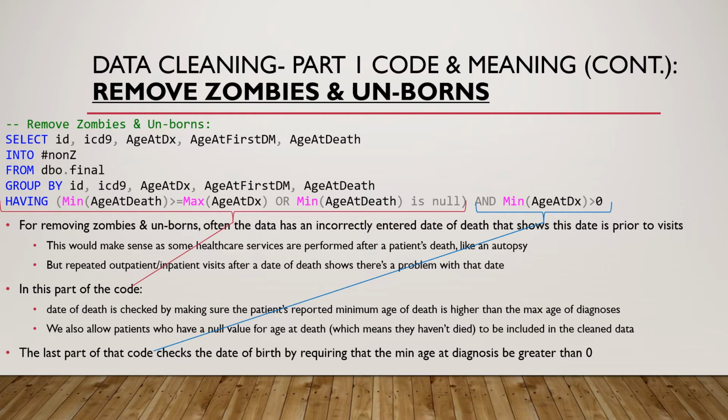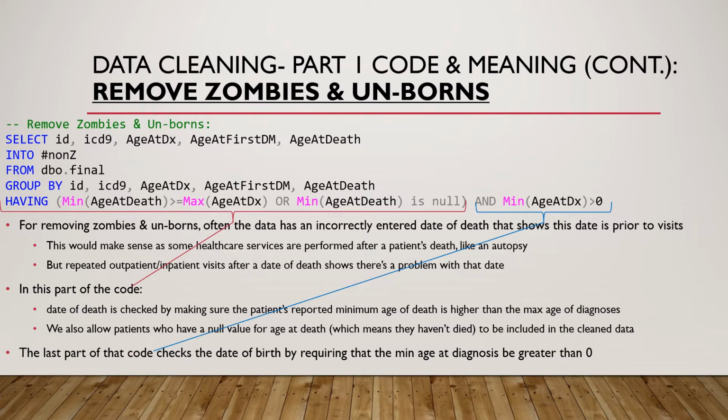So for removing zombies and unborns, often the data has an incorrectly entered date of death that shows this date is prior to visits. This would make sense for some healthcare services performed after a patient's death, like autopsy, but multiple and repeated outpatient and inpatient visits after a date of death shows there's a problem with that date.